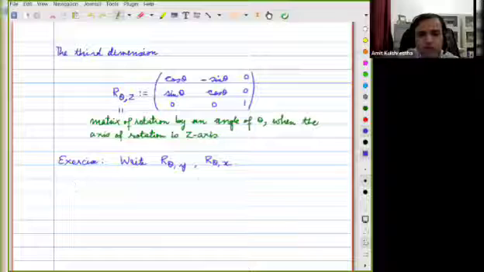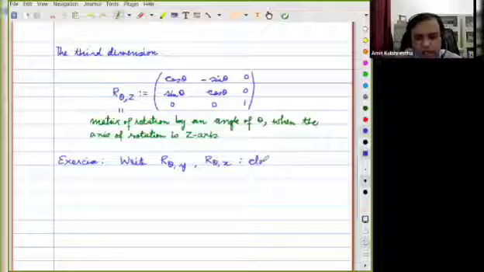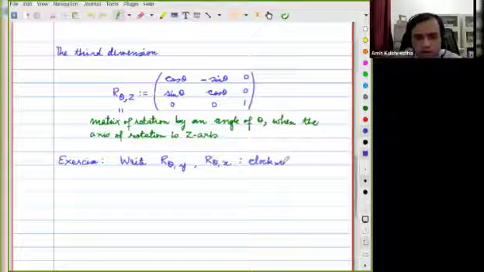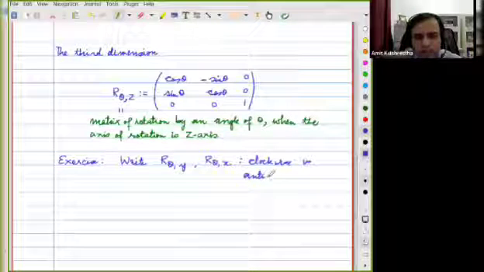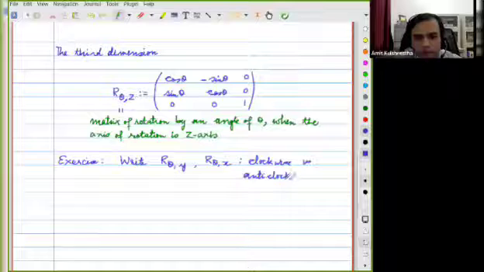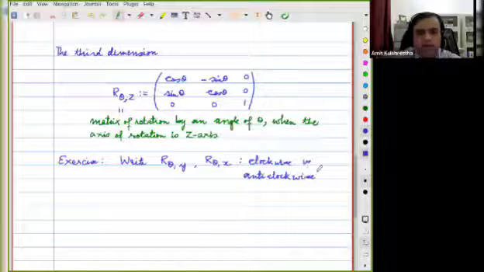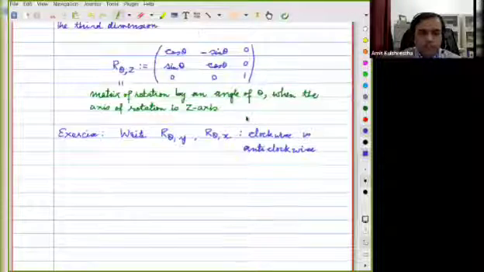So somewhere you have to choose clockwise versus anti-clockwise, because all these are relative things. That choice will be involved.